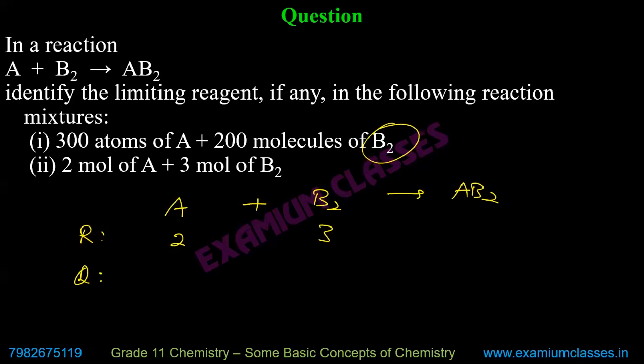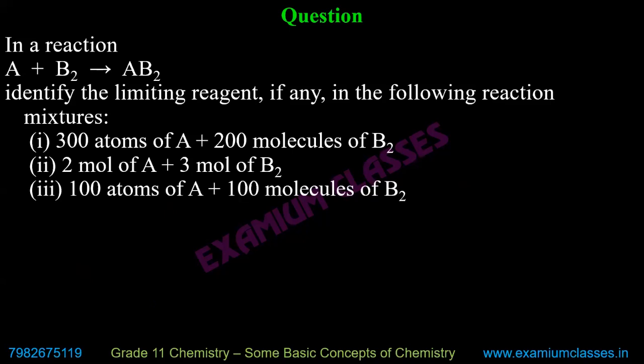Because you calculated Q by R ratio. It is 1:1 required, given 2:3. Sir, that is why I wrote none of them, I was thinking both are the same. Okay, yes, I accept the blame. So Q by R will be 2 by 1 and 3 by 1. It means in this case, A will be the limiting reagent.